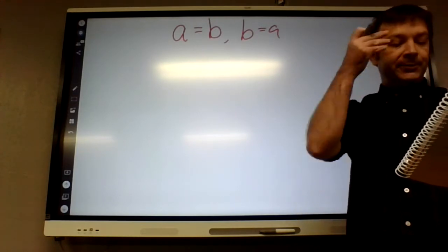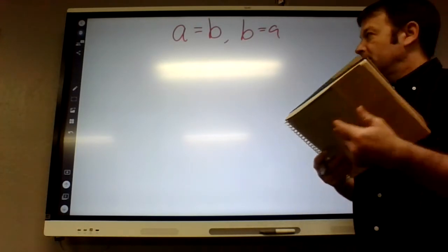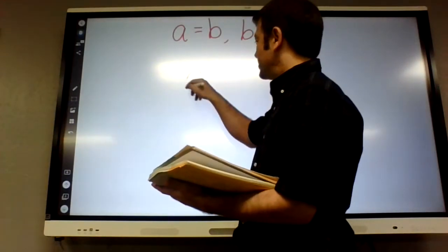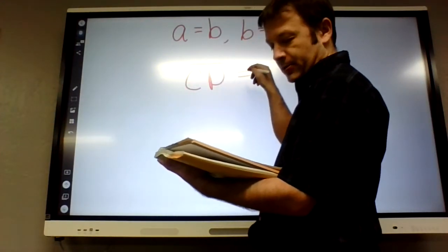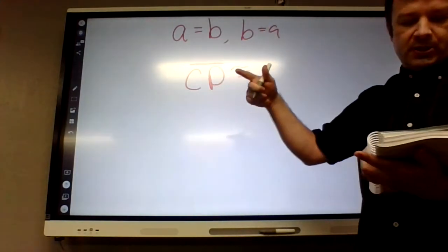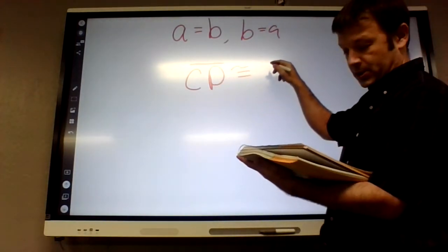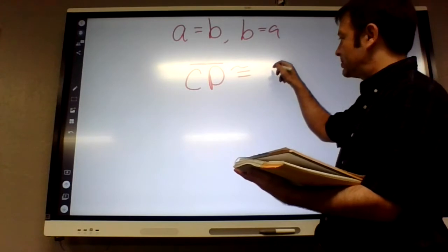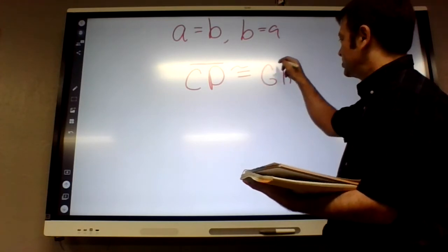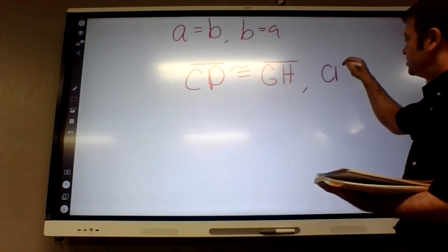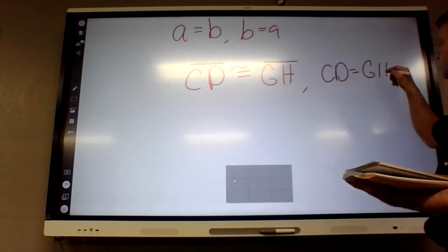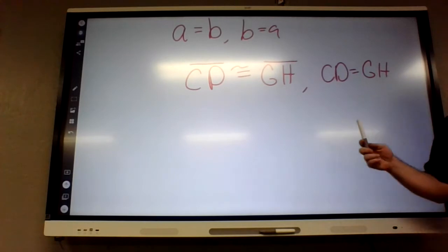Okay, 39. This assignment was probably about a week ago. What it says, name the definition, postulate, or property that is happening here. So if segment CD is congruent to segment GH, then what's the difference between these two?